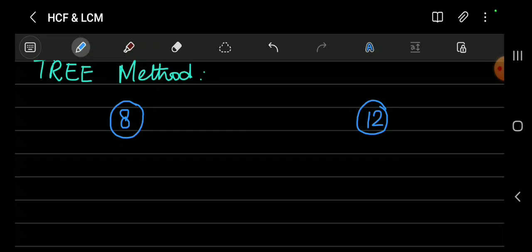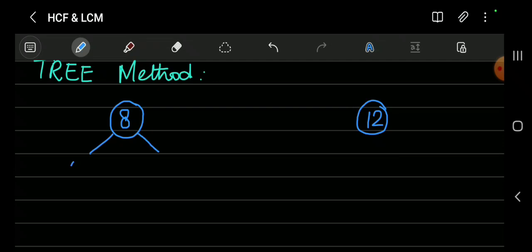In the first step of prime factorization, it is not necessary to divide the number in half, but it will make your prime factorization easier if you first divide it into half.